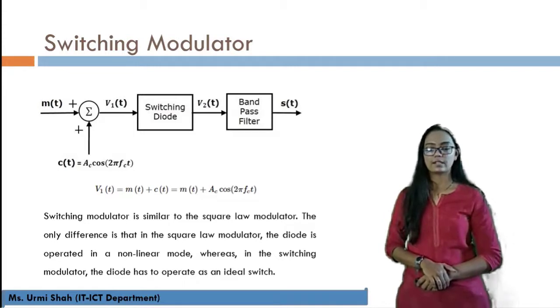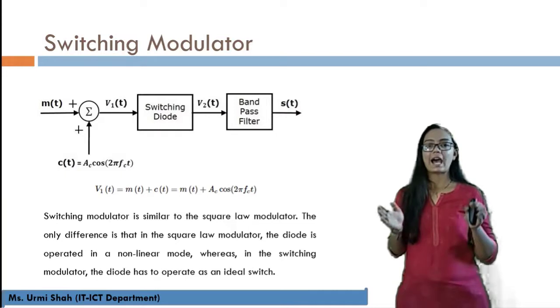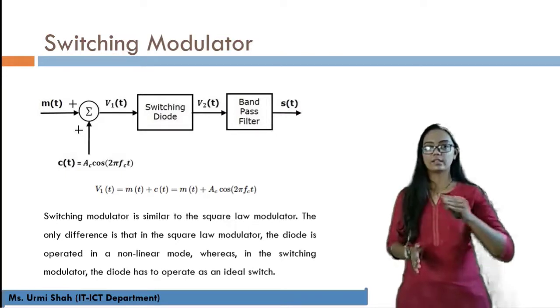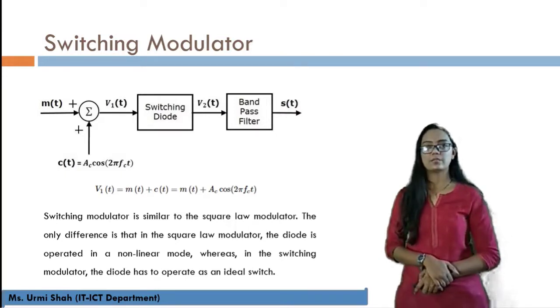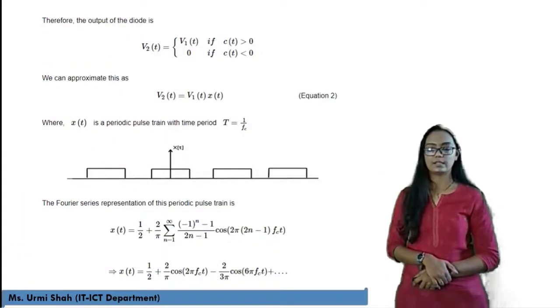Basically the switching modulator is also similar to the square law modulator, but the difference is that in the square law modulator the diode is operated in non-linear mode, whereas in the switching modulator the diode acts as an ideal switch, either on or off. So this is the difference between the switching modulator and the square law modulator.